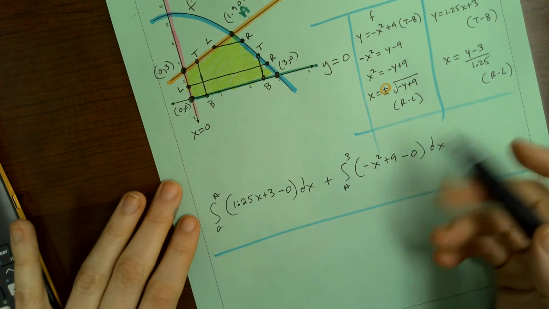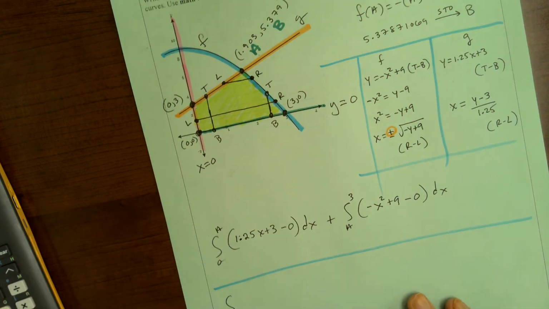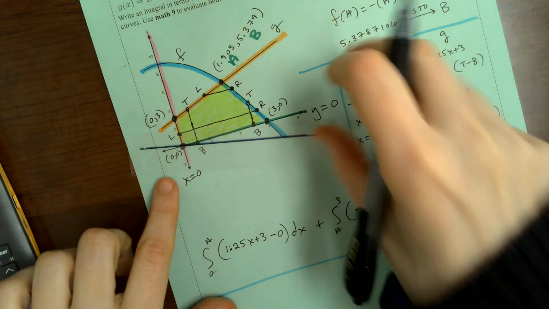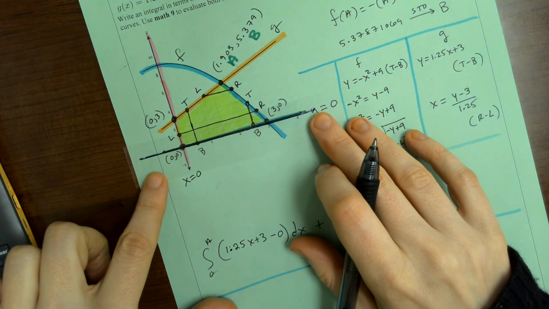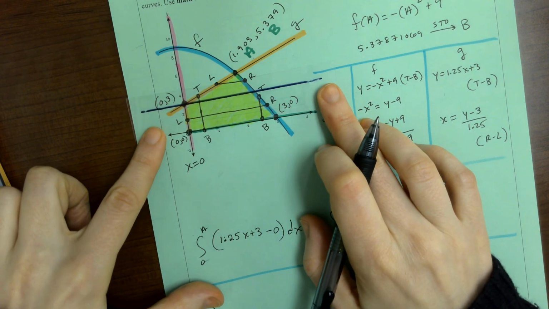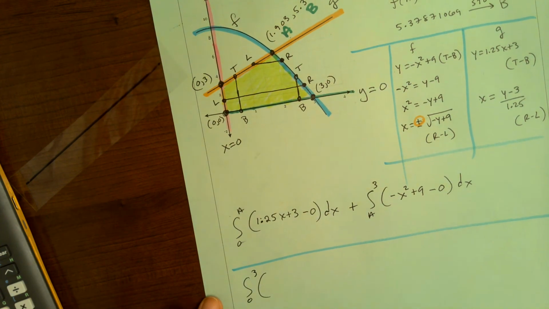So I'm doing the integral from 0 all the way up to 3, right minus left.